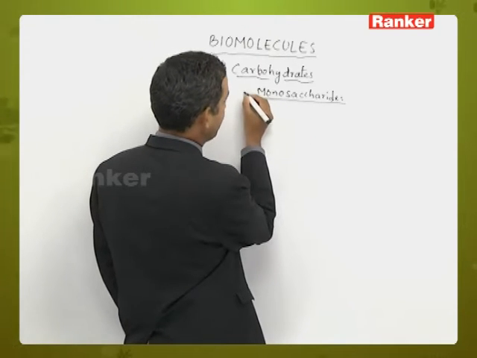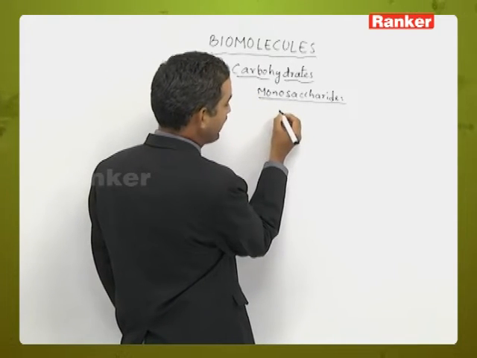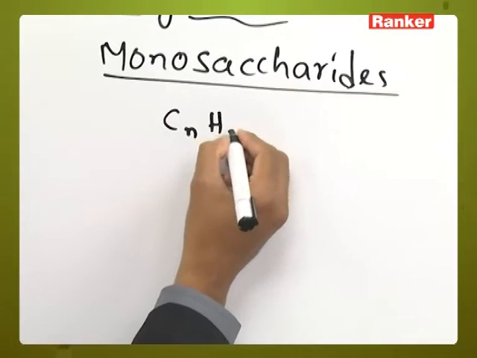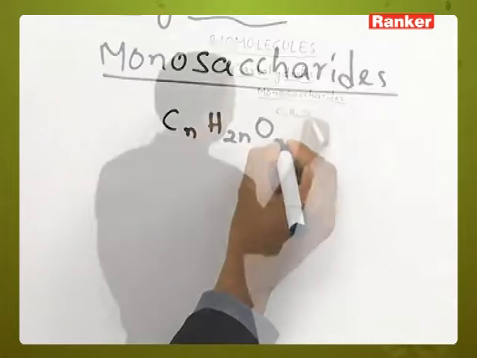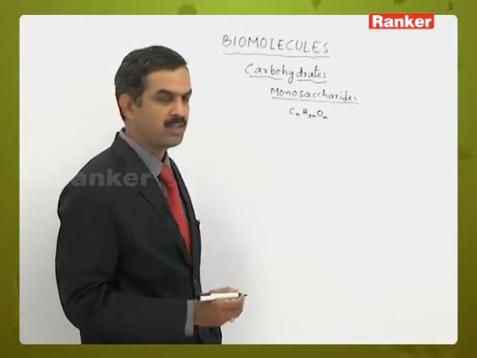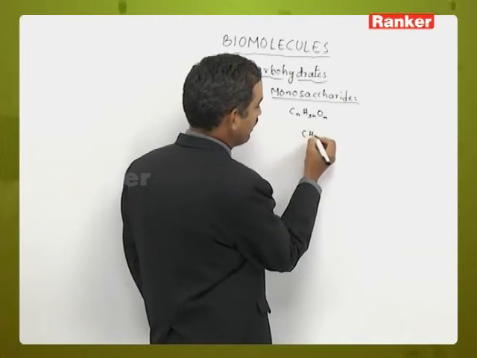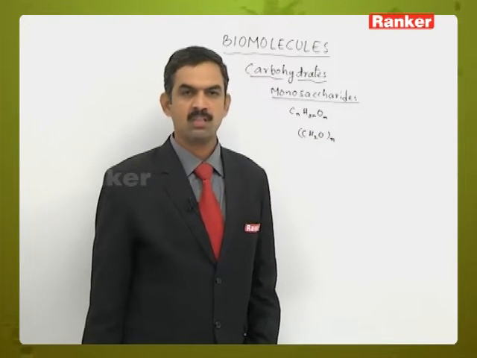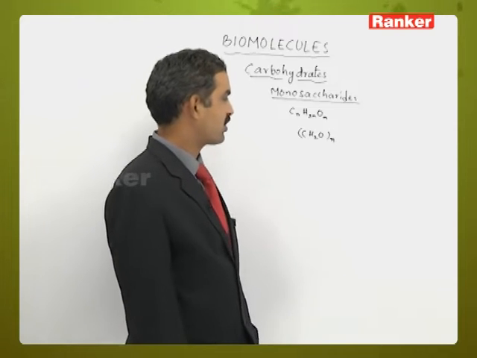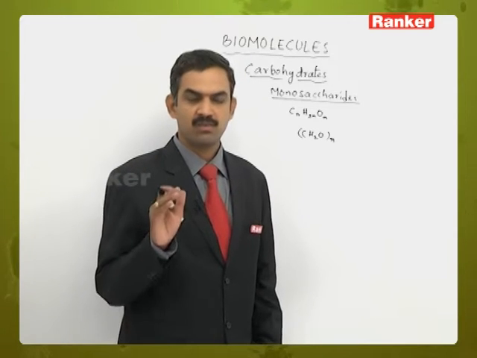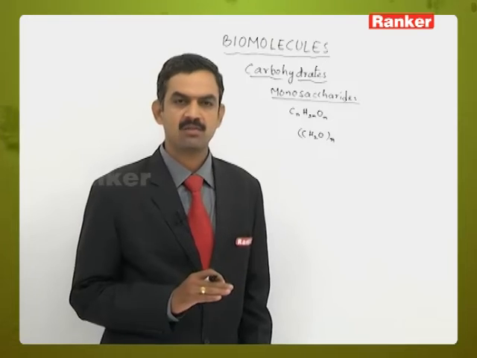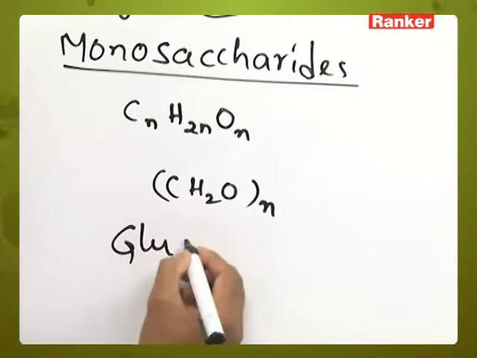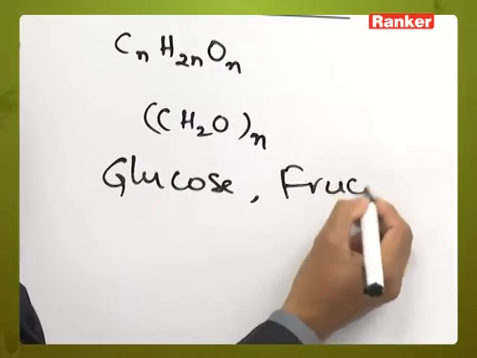This type of structure is called a monosaccharide, and these are represented by the molecular formula CnH2nOn, or otherwise C n H2O n. So monosaccharides cannot be further divided into smaller fragments. Many examples are there, like glucose and fructose.